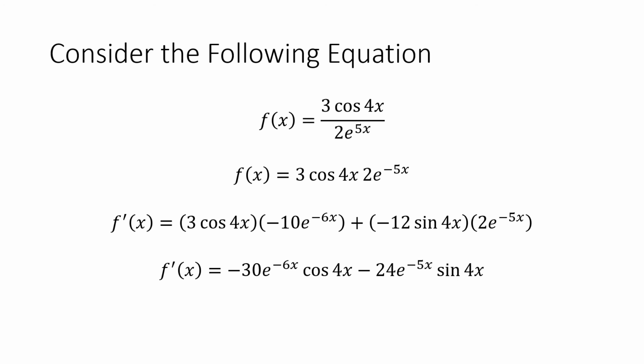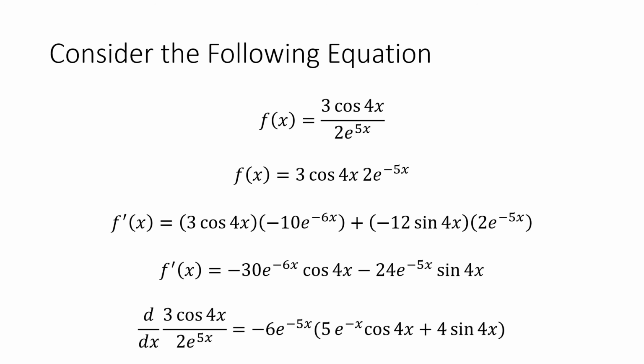We can then go ahead and simplify this, which gives us negative 30 times e raised to the negative 6x times cosine of 4x minus 24 e to the negative 5x times sine of 4x. We can then go ahead and factor out a 6e to the negative 5x to simplify.